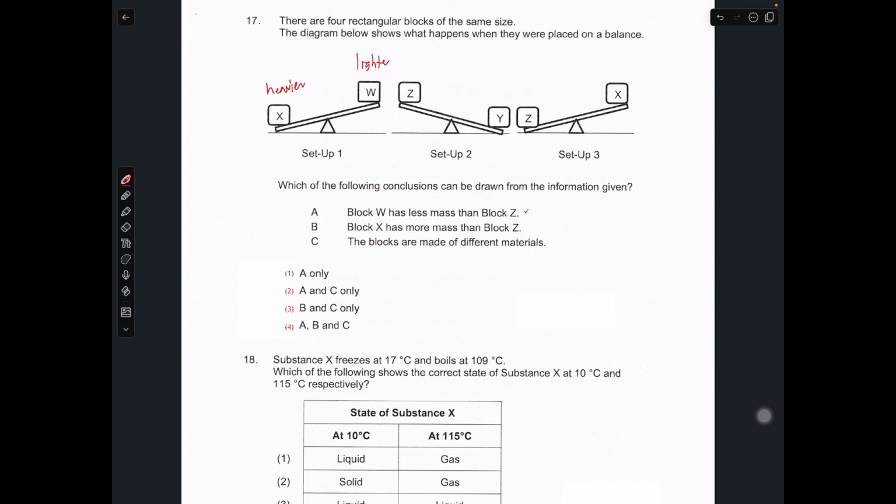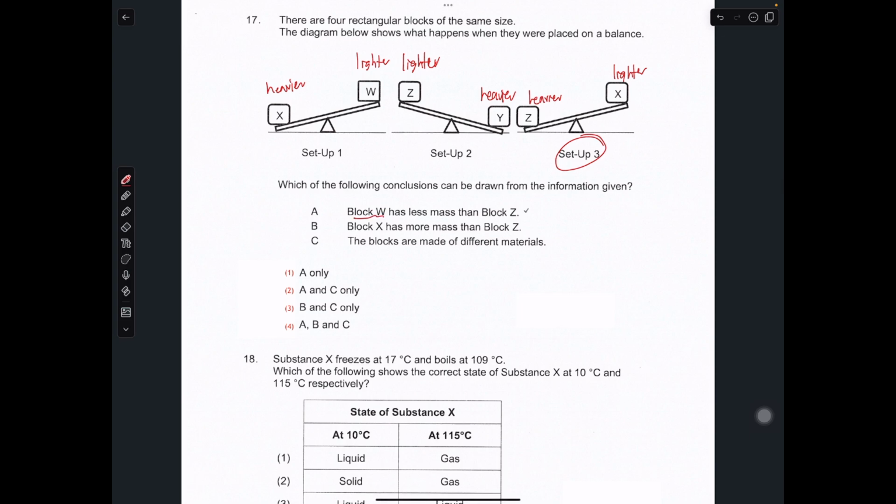Z will be the one that is lighter, Y will be the one that is heavier. And the linkage between setup 1 and 2 is linked to setup 3. So there is some comparison that you need to work with.